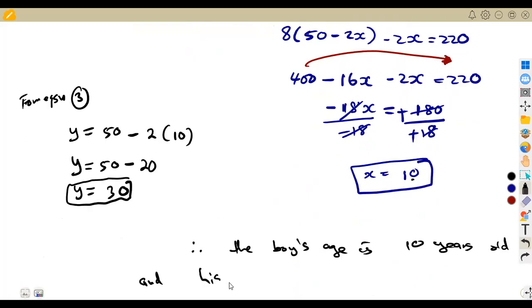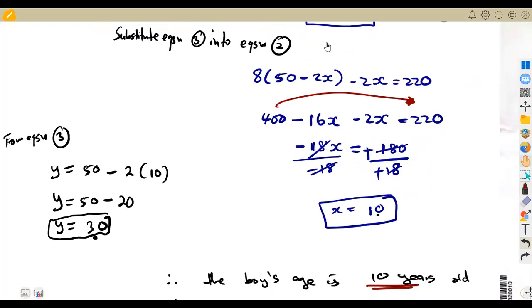And his mother's age: remember, his mother's age is represented by y. And y in this case is 30, so this is going to be 30 years. So that is how we're supposed to have this.